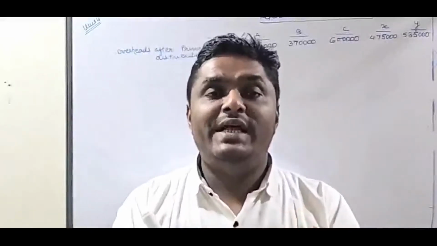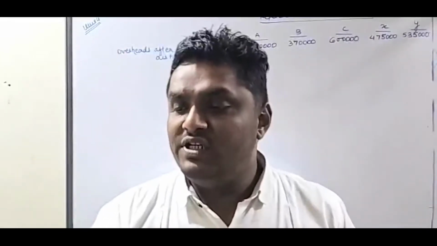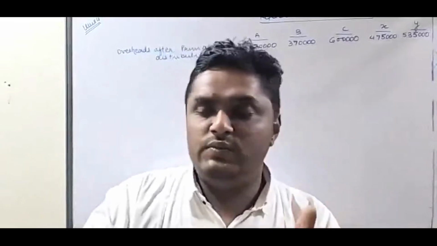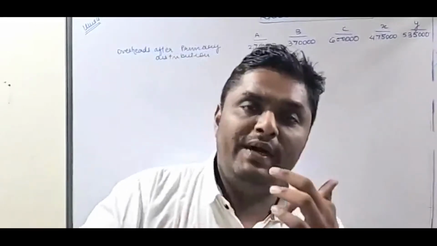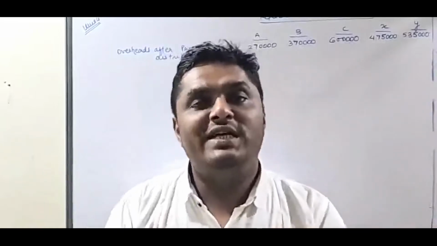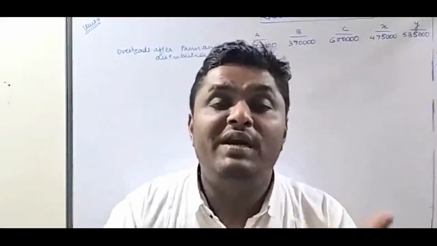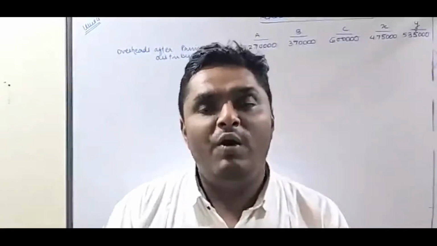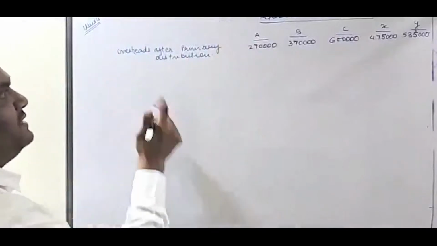In this question, it is clearly given that the overheads of service department X will be distributed to A, B, C, and Y, and the department Y overheads will be distributed to A, B, and X. So we have to repeatedly distribute the overheads till we get the figure in 2 digits. Let's start by first distributing the overheads of the X department.